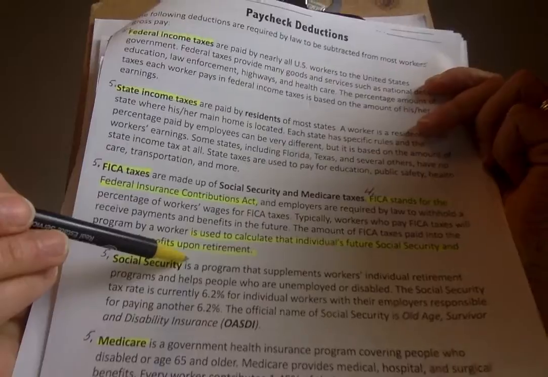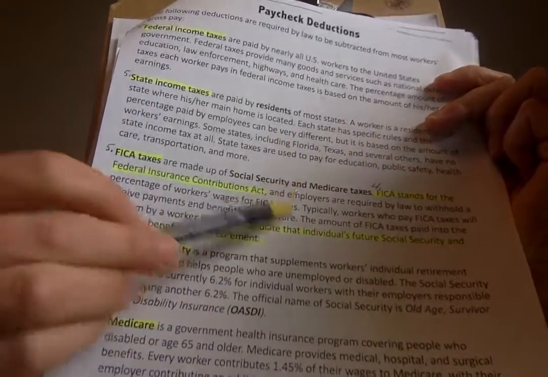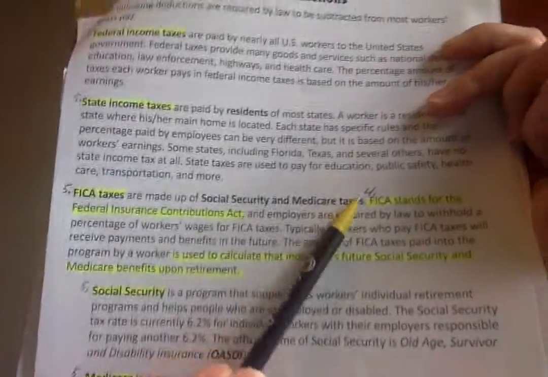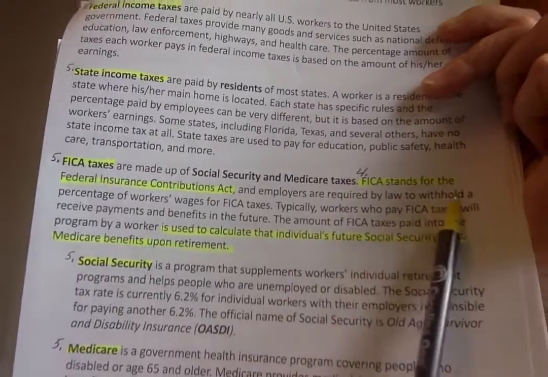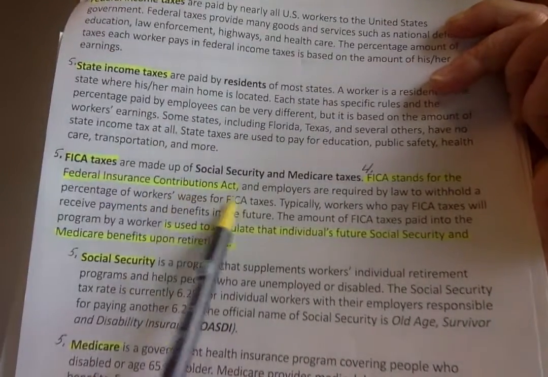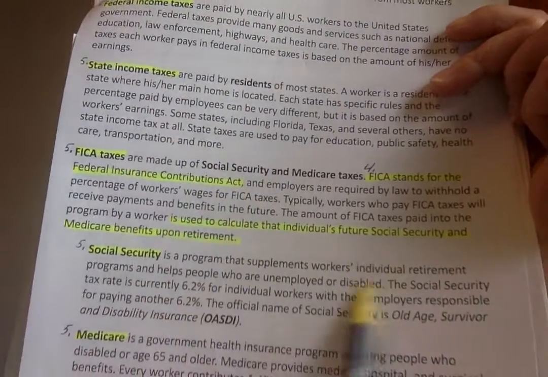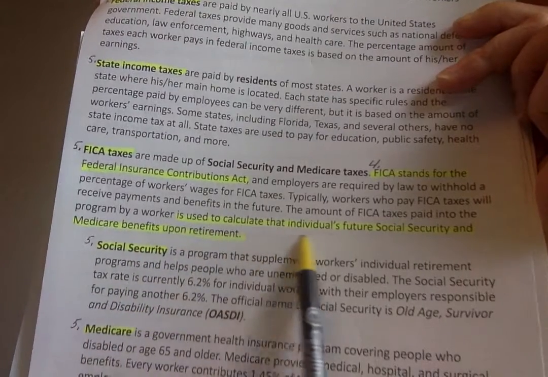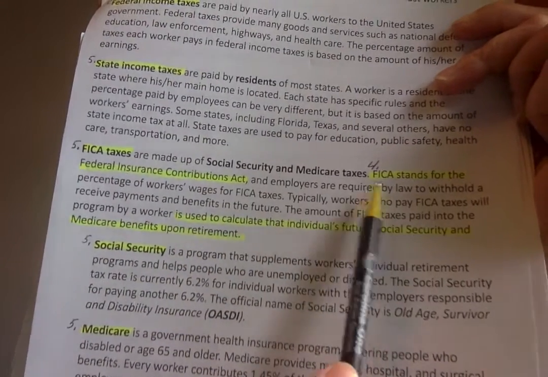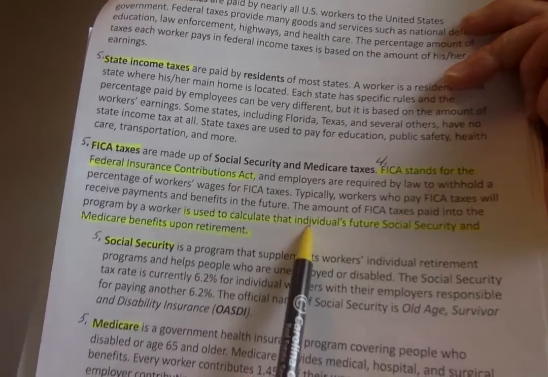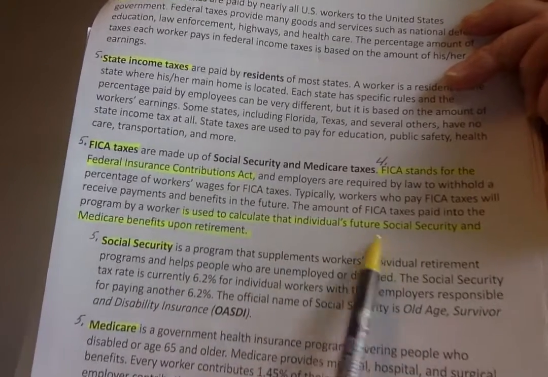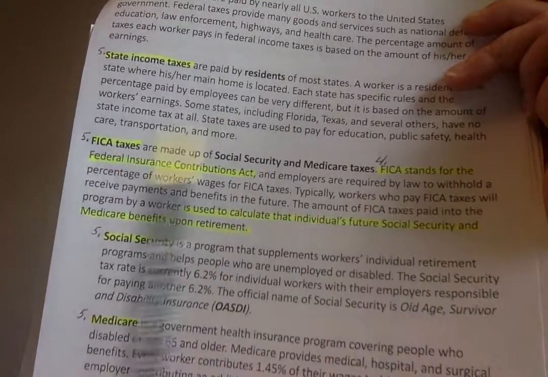So that's your answer for number 4, right here. FICA stands for that. And then you can continue by writing this down here for your answer for number 4. Medicare and Social Security, FICA.